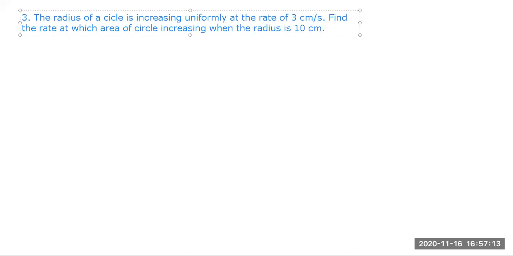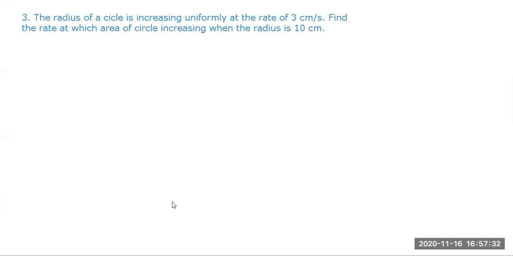I will write it down. Now you are able to see the question, right? The radius of a circle is increasing uniformly at the rate of 3 centimeters per second. Find the rate at which the area of the circle is increasing when the radius is 10 centimeters.